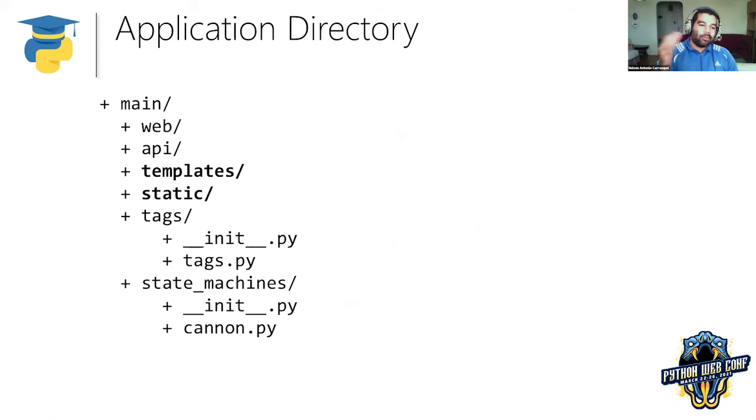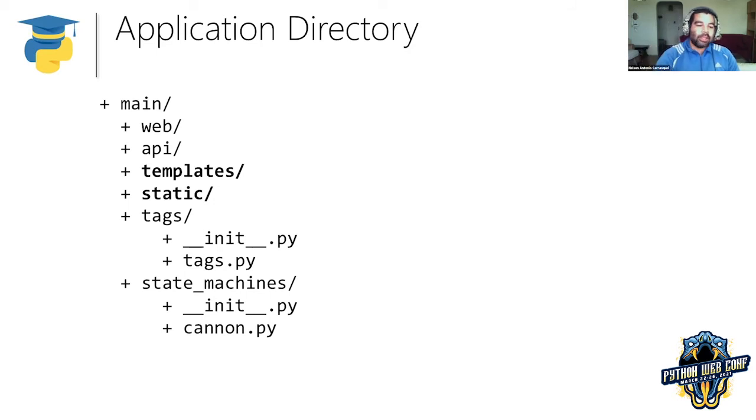You have your files for web, your files for the API. Then you have these two directories called templates and static. So they work pretty similar to Flask. Everything that you dump in the static will be served as static files, and everything dumped in the templates you can render in a web application.